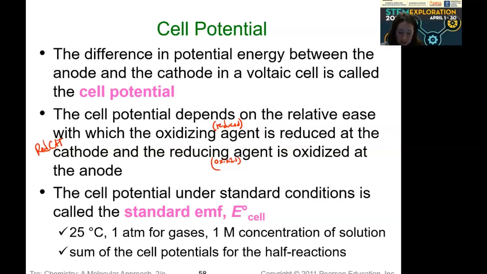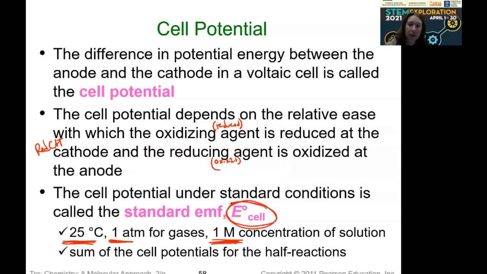So under standard conditions, our standard EMF, which we note as E cell, is, again, here's this little thing right here. What does that mean? 25 degrees Celsius, 1 atmosphere, 1 molar concentration, right? So a lot of times on your exams and your quizzes, you're going to be like, you didn't tell me the concentration.